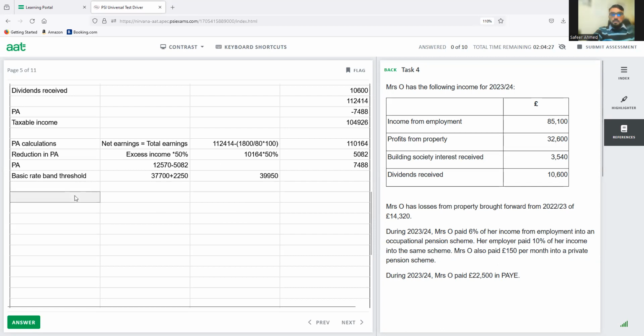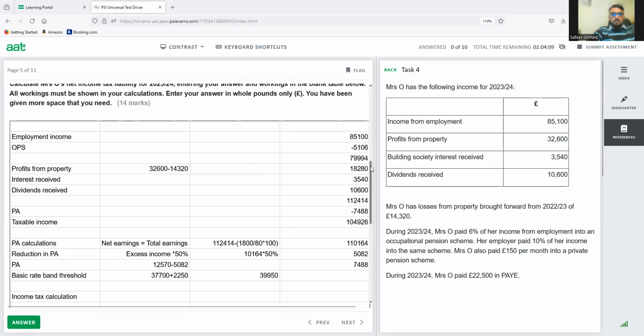So let's start with the income tax calculation. You can give a heading here, either income tax computation or income tax calculation. We start with the non-savings income first. Now, non-savings in this question, as you can see, employment income is non-savings income and property income is non-savings income.